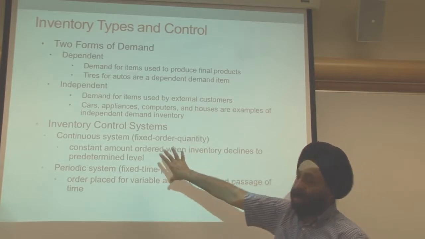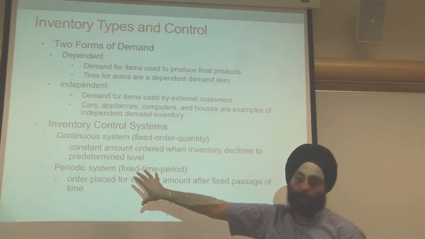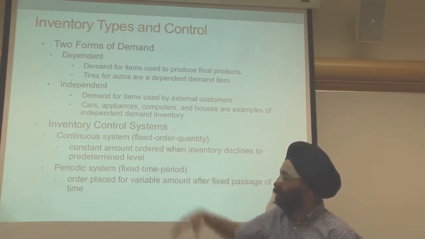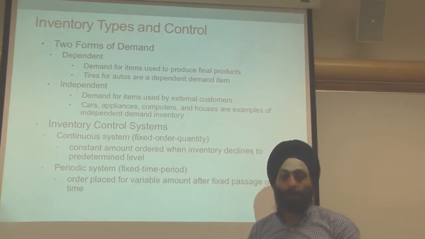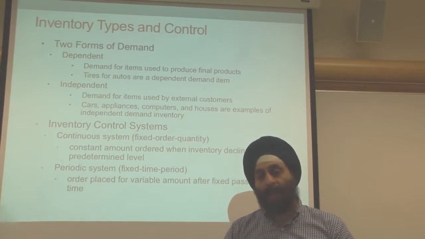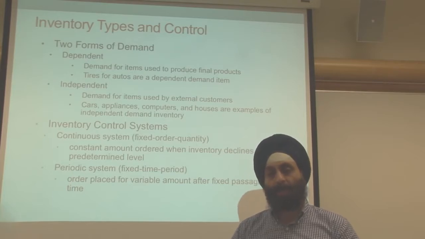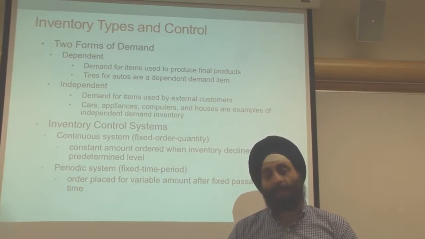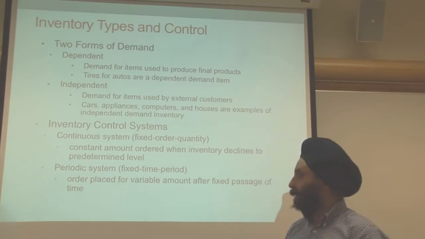And what type of control systems do we use to manage inventory? We have a continuous system where a barcode could be used, so inventory records are updated on a continuous basis. As the items are being checked at the cash register, they are scanned through the barcode, and the inventory is continuously being reduced in the shop's warehouse.